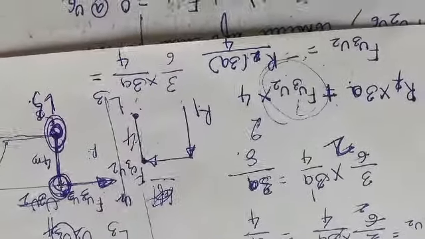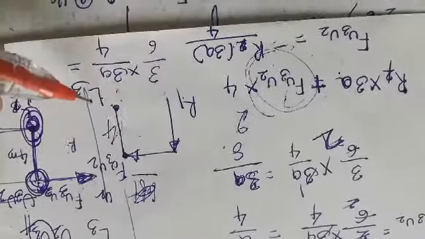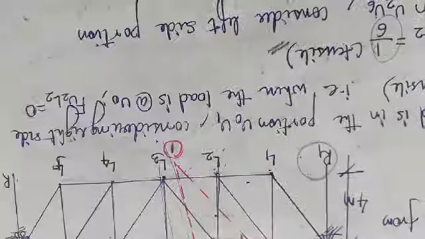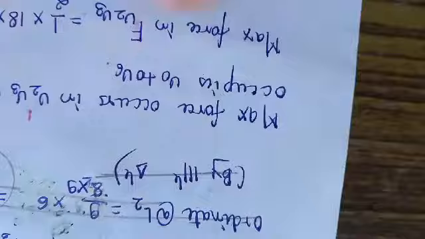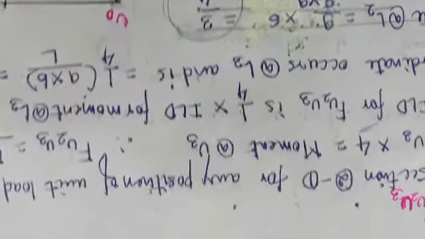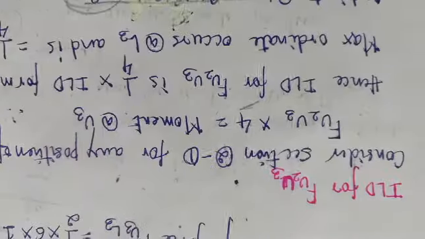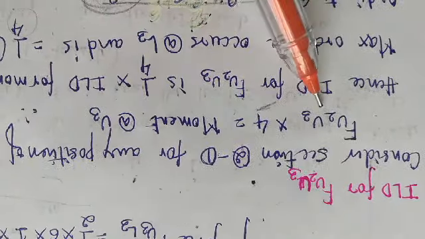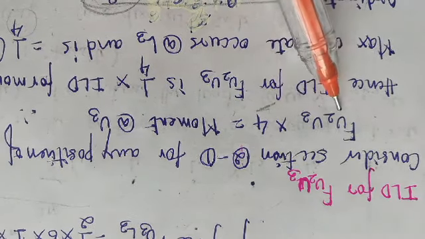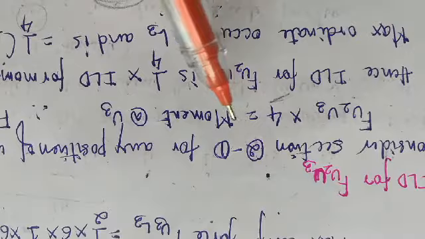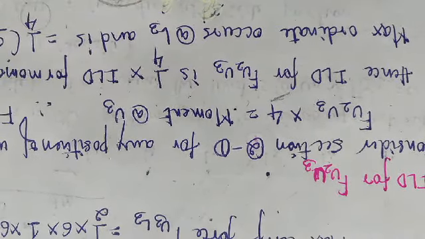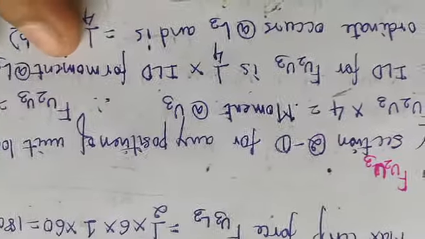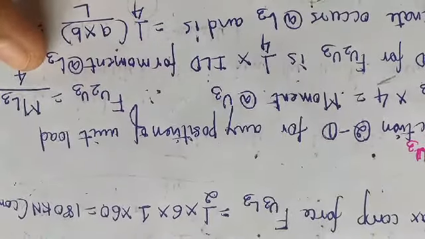Since we are calculating moment at a single point, the force in U2 U3 is given by nothing but moment at U3. What we did was just moment at U3. Therefore, what I'll get is divided by 4.